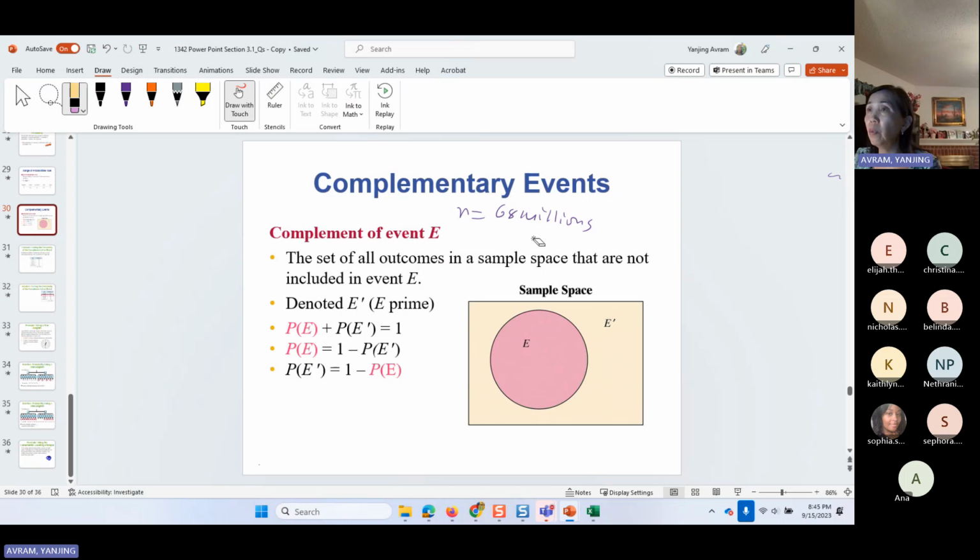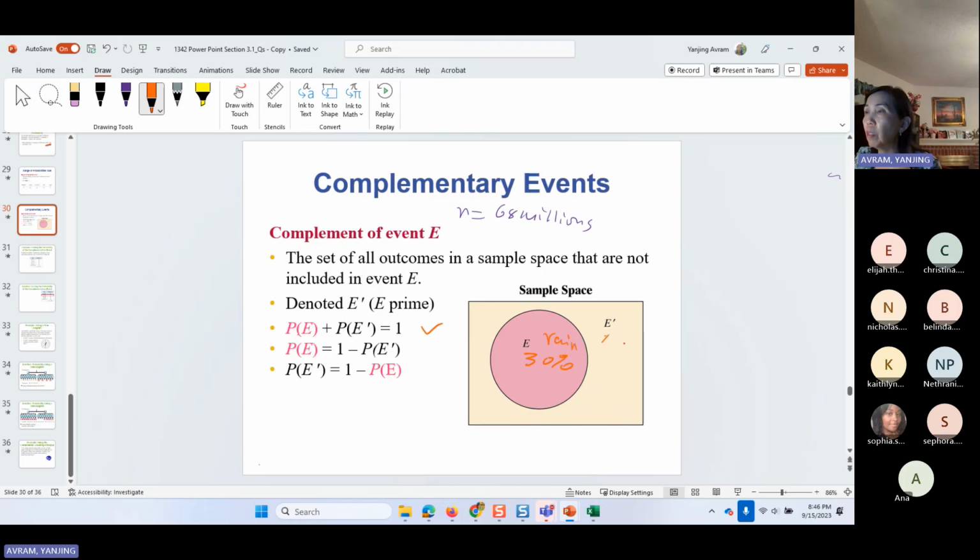All right, another one is called a complementary event. We use E prime. We have a sample space, which is the total. And then I have an event E in here, and everything outside the event E is called the complement. The probability of the event E and its complement always add up together to equal 1 or 100%, right? So if I know the chance of rain tomorrow is 30%, what is the chance of not raining?